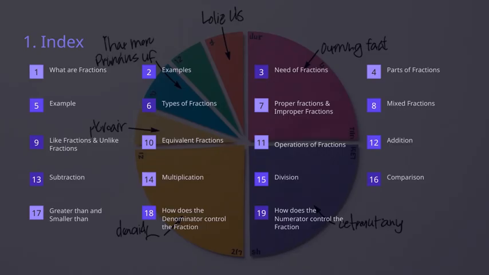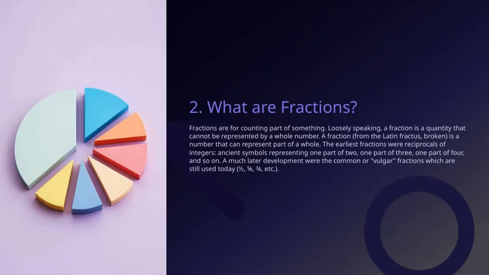We'll also look into proper and improper fractions, mixed fractions, and how to perform different operations such as addition, subtraction, multiplication, and division. Throughout this journey, we'll see how fractions help us understand parts of a whole and compare quantities effectively. This roadmap will guide us step by step to build a clear understanding of fractions and their significance in math. Now, let's explore what fractions are.